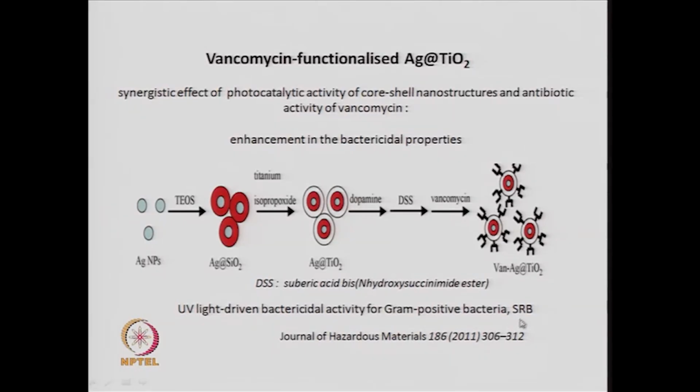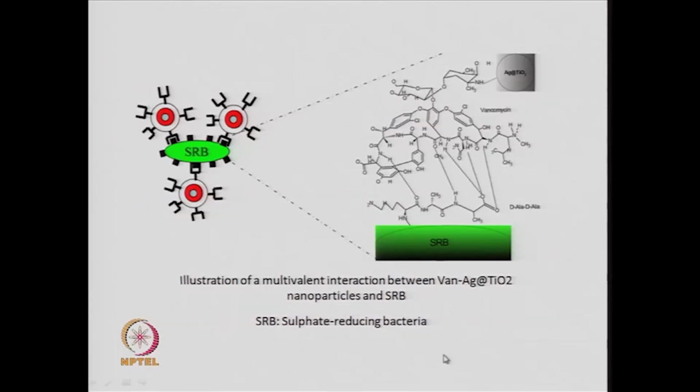One of these is SRB, and we will study under UV light, because we know that silver TiO2 core shell structure is a UV photocatalyst. So, what happens when you react this silver TiO2 core shell structure conjugated to vancomycin, the antibiotic, with a sulfate reducing bacteria?